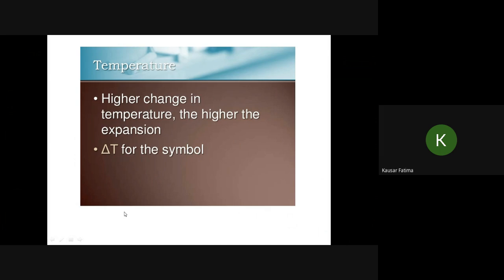Okay, suppose we talk about the length. When we talk only about the length, we call it linear expansion. And when we talk about the whole volume, we call it cubical expansion. Okay, so first let us talk about the change in length. Change in length is directly proportional to the change in temperature.